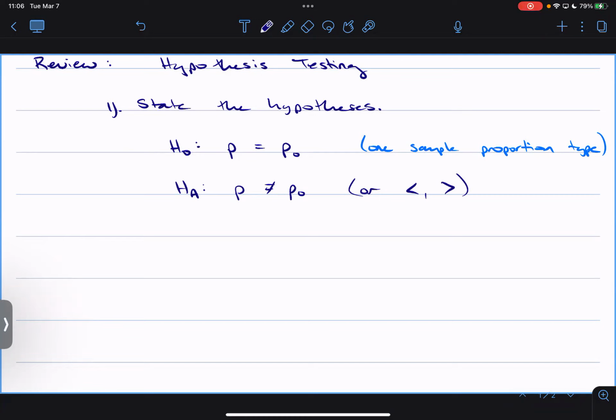What we said was if you're unsure, then use the not equal to. It's going to be the safest thing. Even if you are writing a research paper, usually we use the not equal to anyways, right?